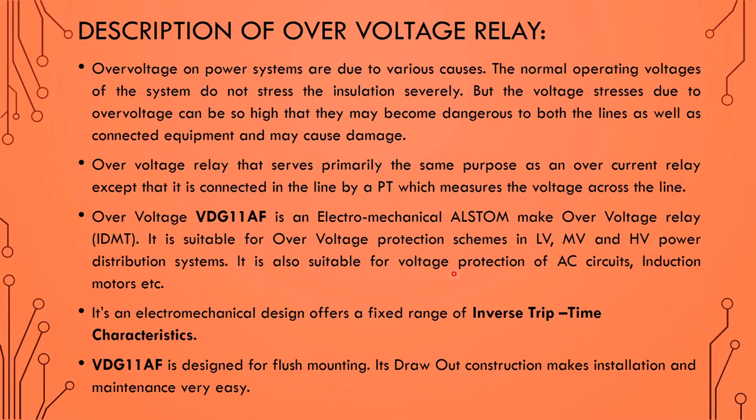It is also suitable for voltage protection of AC circuits, induction motors, etc. It is an electromechanical design offering a fixed range of inverse trip time characteristic. So the characteristic is fixed for any value of clock setting, which we will see later.